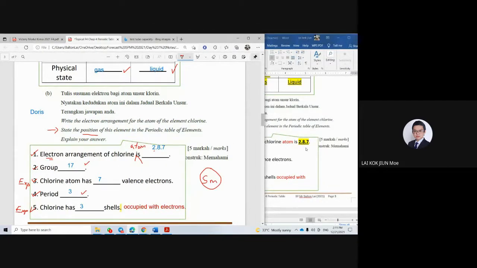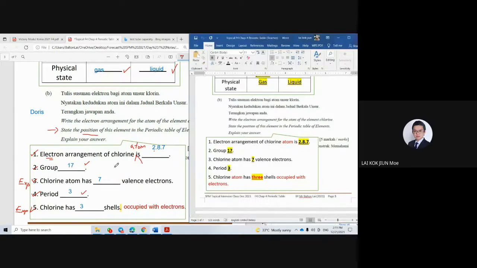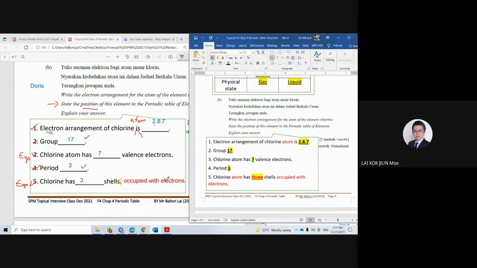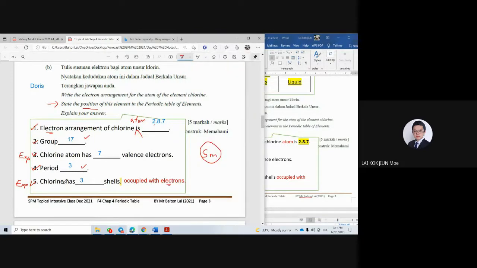Every time it involves electron, Doris, you must have atom. This one you must key in forever, save it in your brain, in your memory. And this one also, you see, when we say about electron, we didn't write atom, also no marks. Very dangerous, you see. Very dangerous.